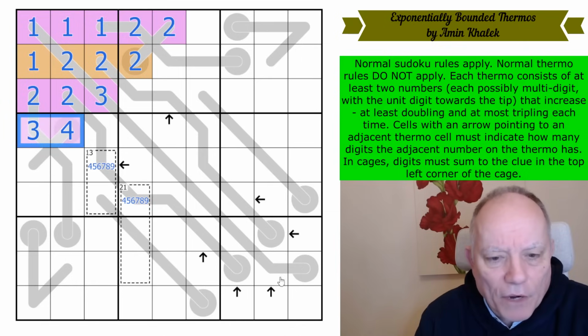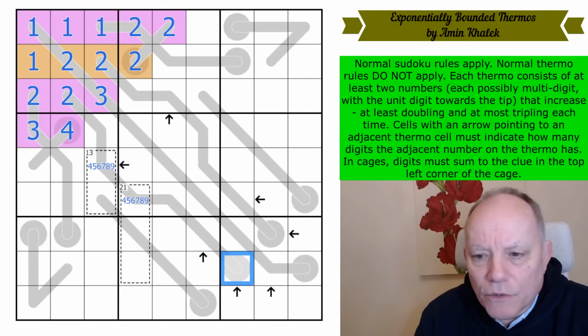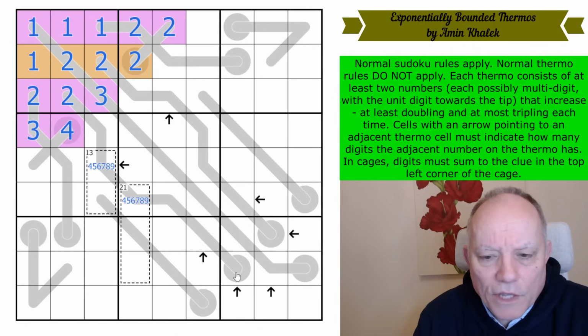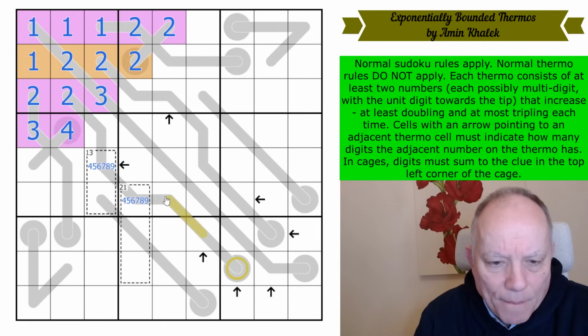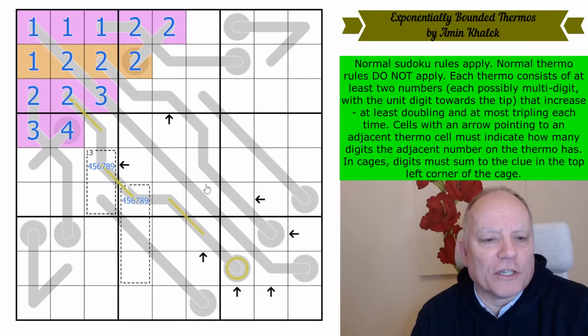Right, so we've got it. This line, let's put the pen tool on. Let's use gold. This is a 1-cell, 1-digit number, then a 2-digit number, then a 2-digit number, then a 2-digit number.